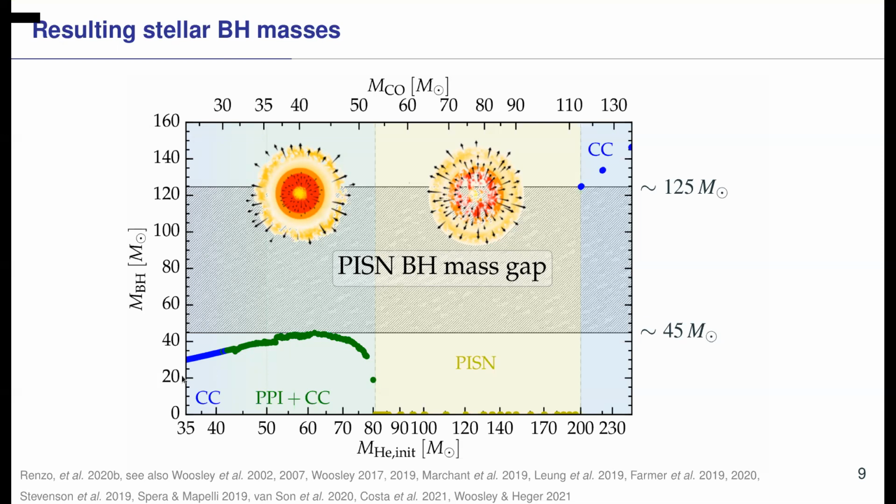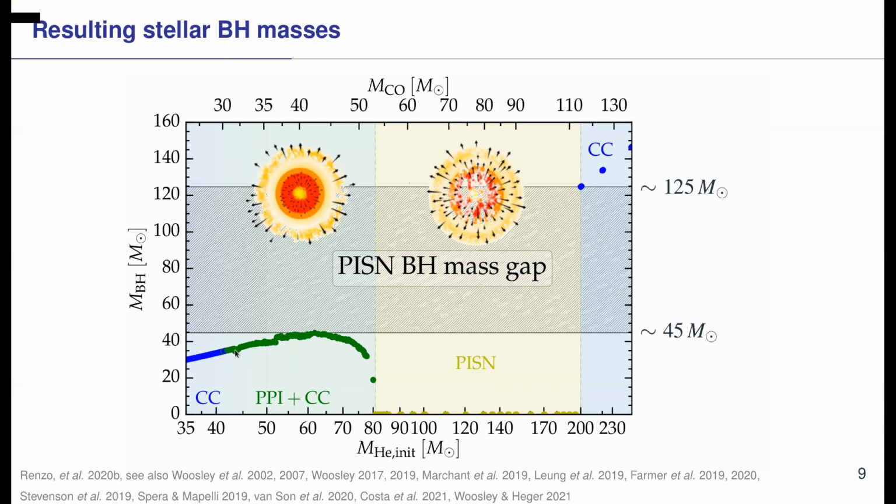And so here you see that at the low end in blue, you see stars that are too low mass to go through the pulsations. And these produce a one-to-one relationship between the black hole mass and the final core mass, basically. Here we assume that the whole helium core will collapse into the black hole.